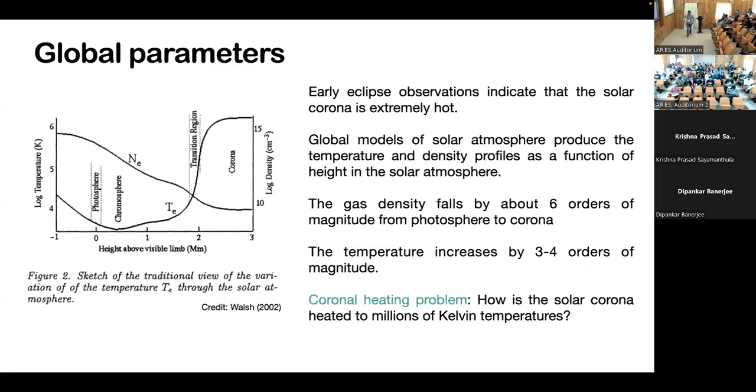So perhaps some parameters of interest here are how the temperature and density vary in the solar atmosphere. These are so-called 1D models. Essentially, it means across the entire solar atmosphere, you consider a symmetric layer and compute radially how the temperature or density, these parameters, are varying. But these are empirical models, because if you go by thermodynamics, following the laws of physics, you will not get these profiles.